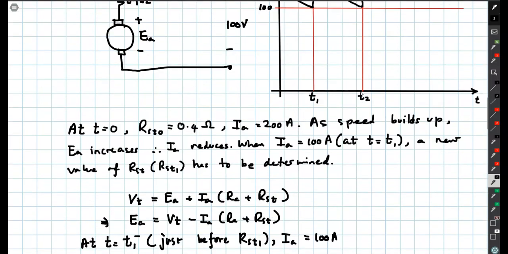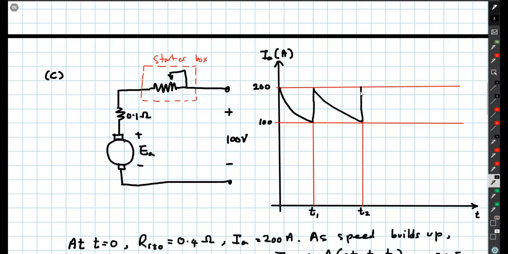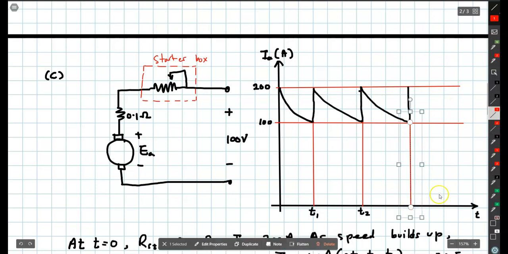And the speed will build up, and the current will again reduce to 100 ampere. And again, when it reaches 100 ampere, we will switch the wiper to a new position, and we have to calculate the value of RST3 so that the current rises back to 200 ampere. So I'm going to call this T3.